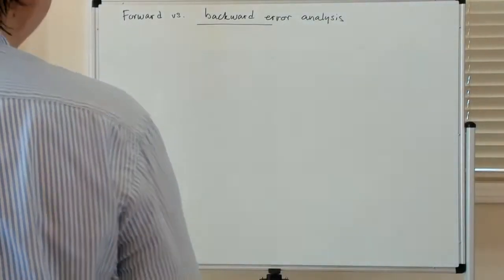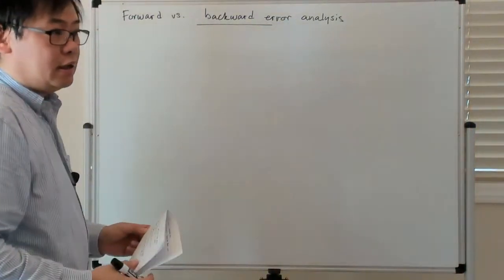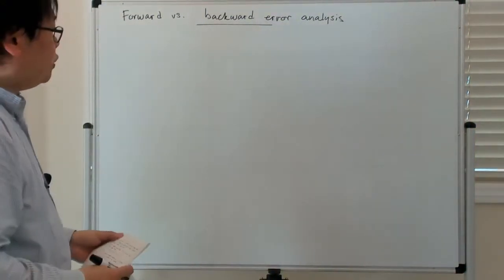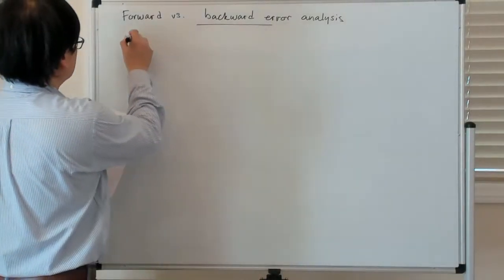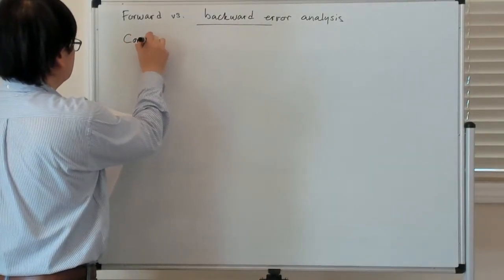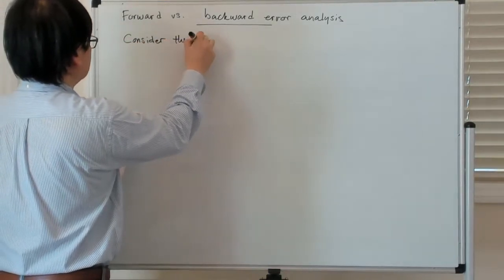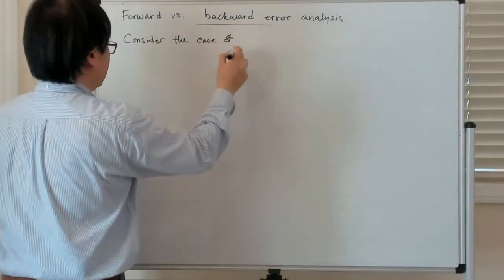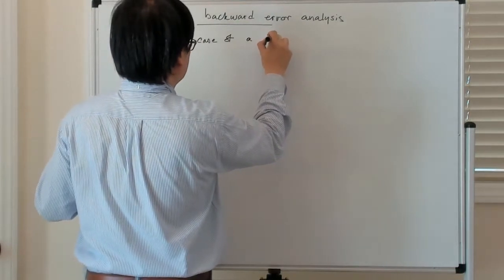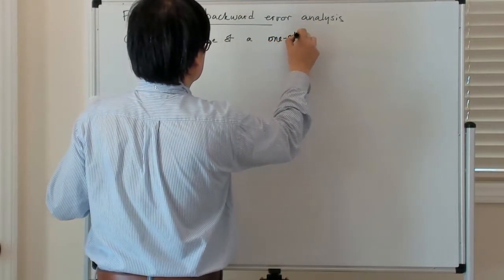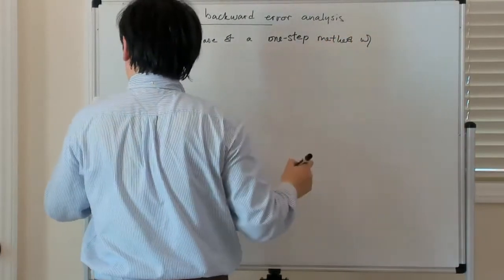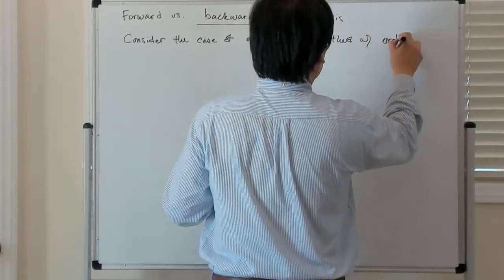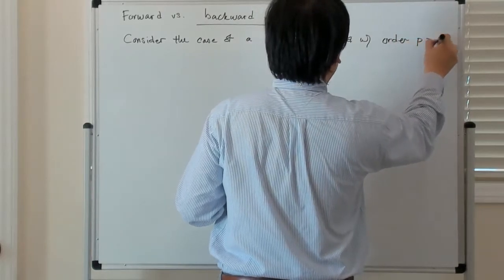Now let me briefly say something about what happens if, instead of the forward Euler method, you have a general p-th order accurate one-step method. So now let's consider the case of a one-step method with order p, again greater than or equal to 1.